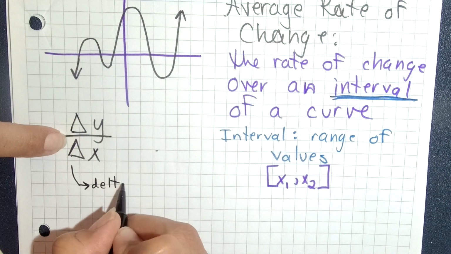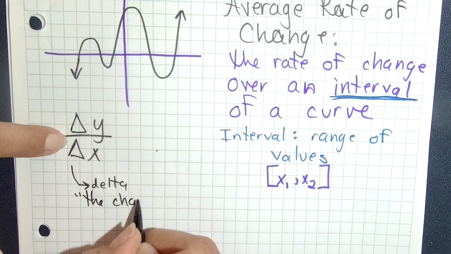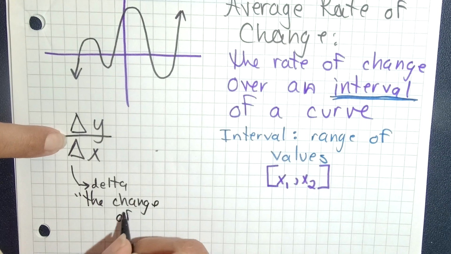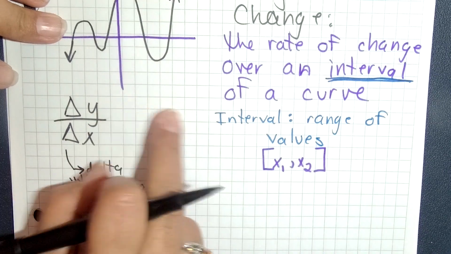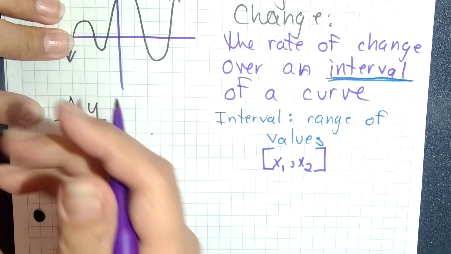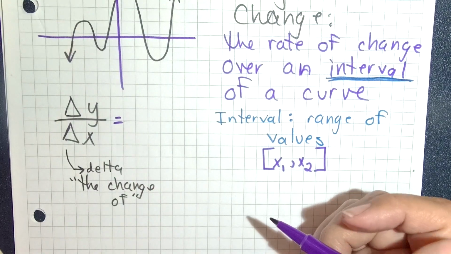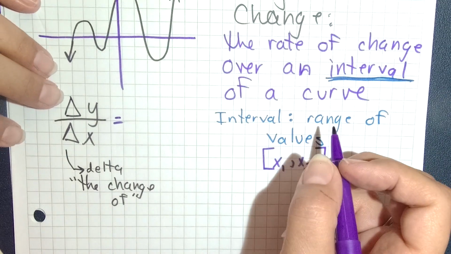Can you see this? Am I off screen? Delta means the change of. Okay? So we're going to be looking for the change between the y's and the change between the x's.